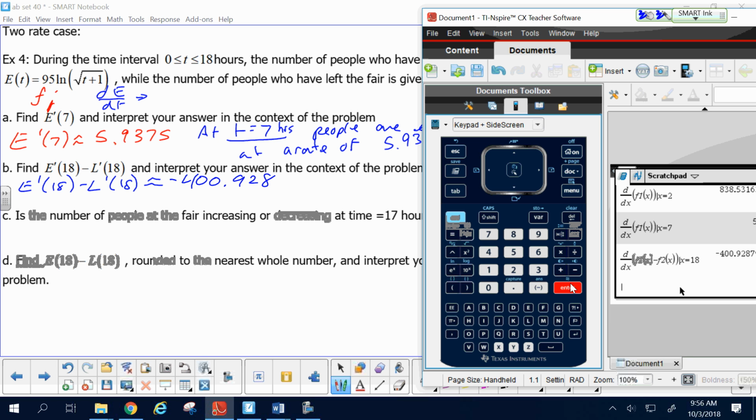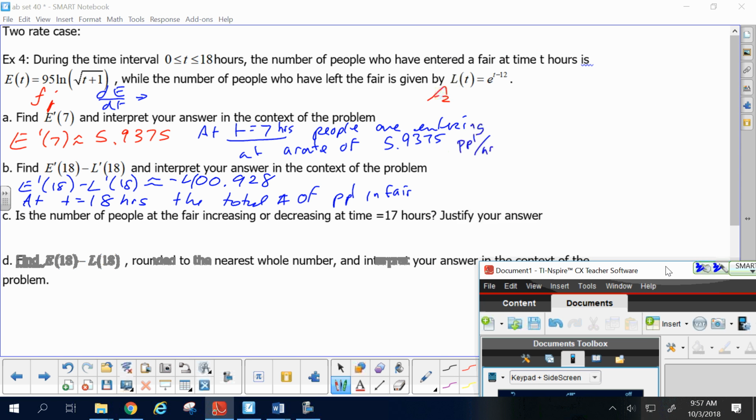So let's go here. At time equal 18 hours, the number of people in the fair is, now here's where we need to be careful to interpret the sign, decreasing, not just changing, decreasing at a rate of 400.928 people per hour.